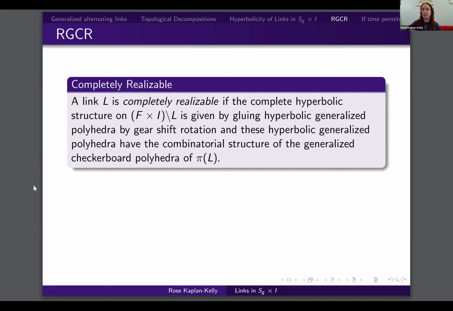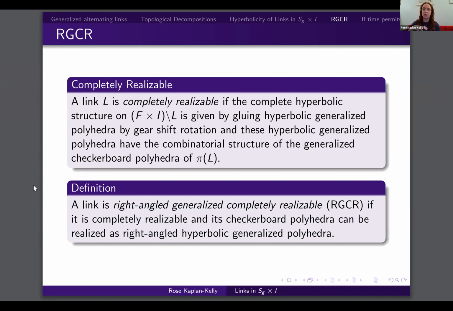With the same combinatorics, we actually have that they're hyperbolic. We glue them via this twisting, and we get the complete hyperbolic structure on the complement. If, in addition, the two generalized polyhedra P plus and P minus have all right angles as their dihedral angles, then we say that our link is right-angled, generalized, completely realizable, which I shorten to RGCR.